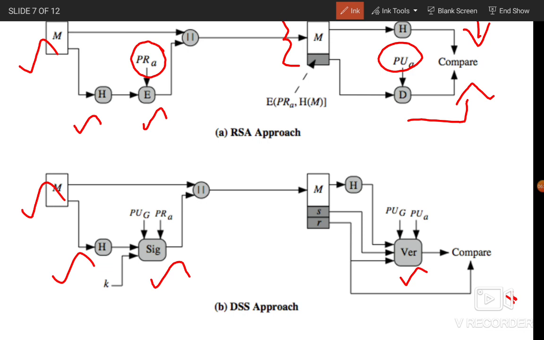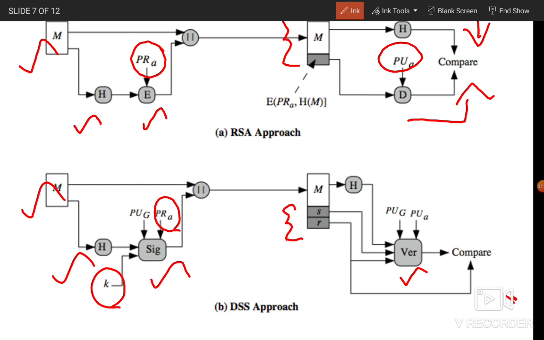The signature and verification functions use several public parameters, and the signature is created by using a random key and the sender's private key. Now the signature consists of two components, S and R. It is appended to the original message and transmitted to the receiver side.